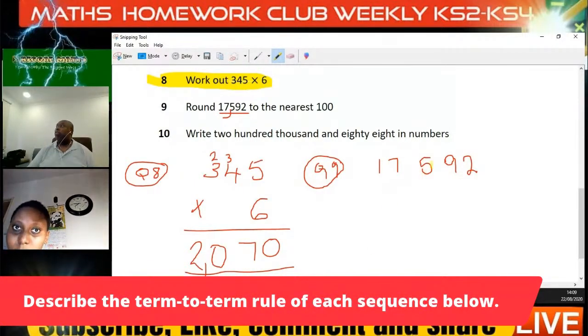This number is the 100. This number is the 10. I go between those two numbers. Yes? And we need to round this to the nearest 100.